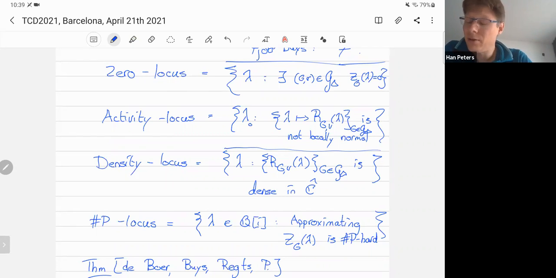And I would also like to say that these notions, I'm talking only now about the independence polynomial, which comes from the hardcore model in statistical physics, but you can define these notions for many partition functions in statistical physics. For example, also for the Ising model.